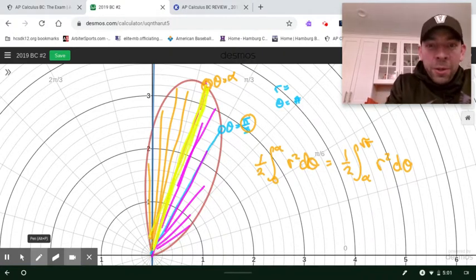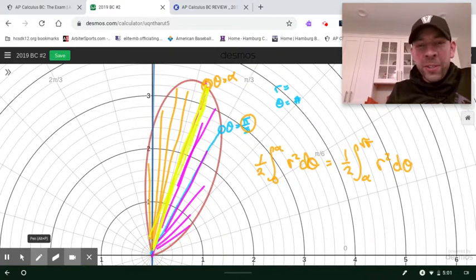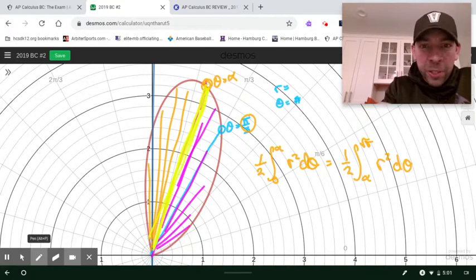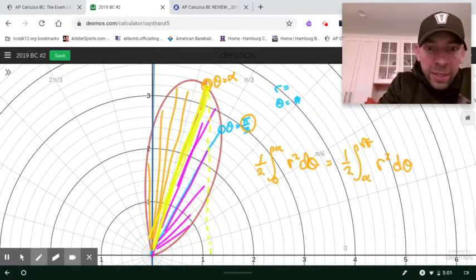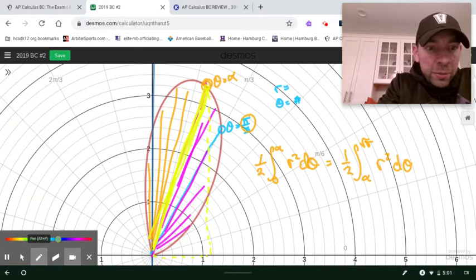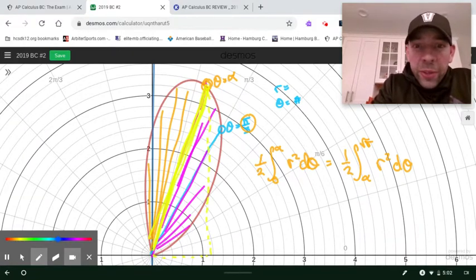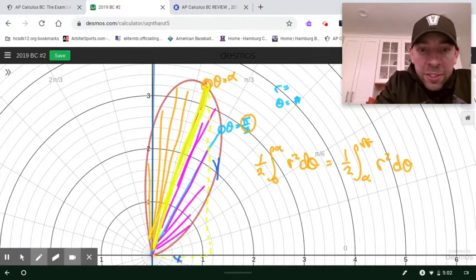All right. Now, what you'll know, if you remember, probably the first day you ever took notes on a polar function, is we said, okay, let's draw a line straight down from that point and a line straight over. So the height of that triangle is going to be your y coordinate. The base is going to be your x coordinate.